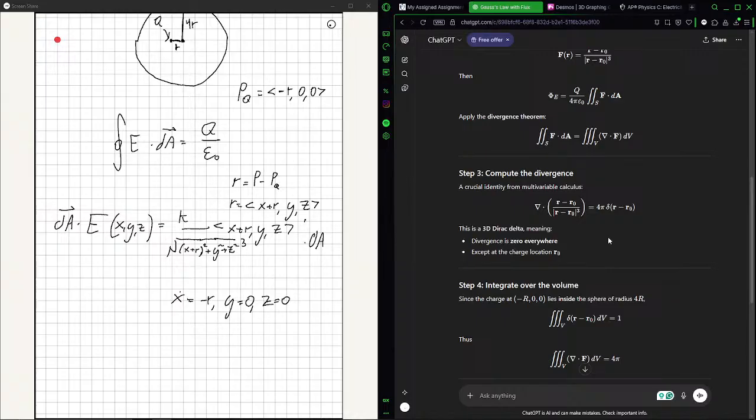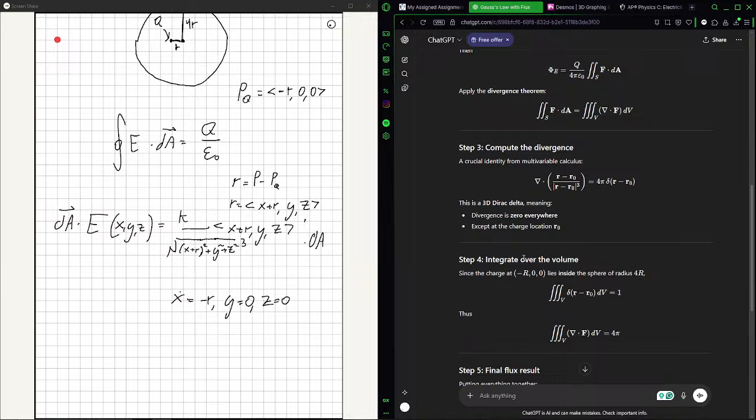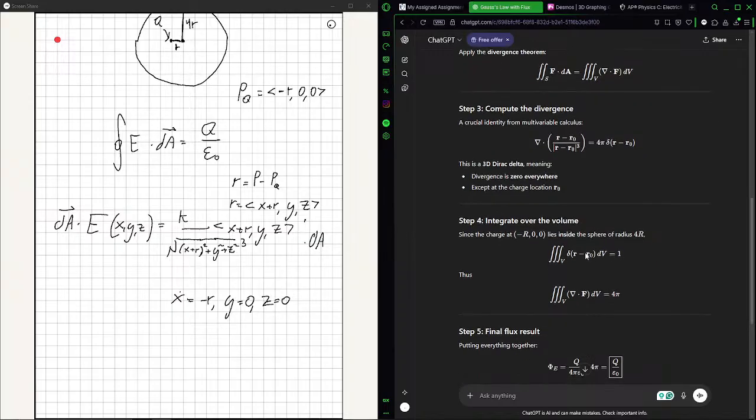Wait, I want to see this real quick. Equals 4 pi Dirac delta of R minus R0. So it's only going to be equal to, okay, since the charge... Now we're integrating Dirac delta dV, which is equal to 1.